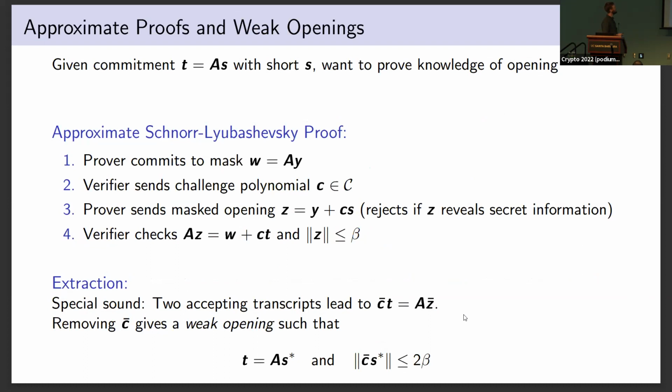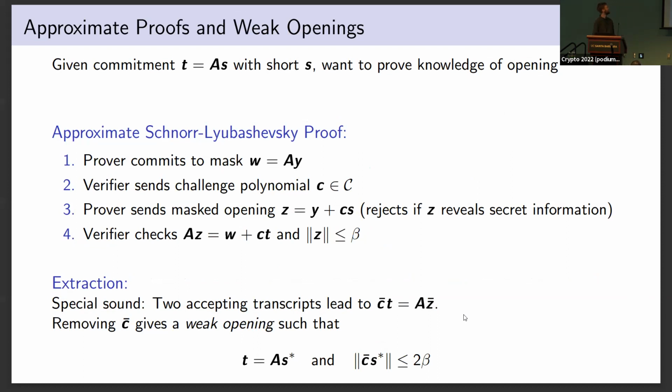Okay, so now to start to be a bit more technical. In essentially every lattice-based zero-knowledge protocol, somewhere at the core is what we call an approximate proof. An approximate proof is the following.